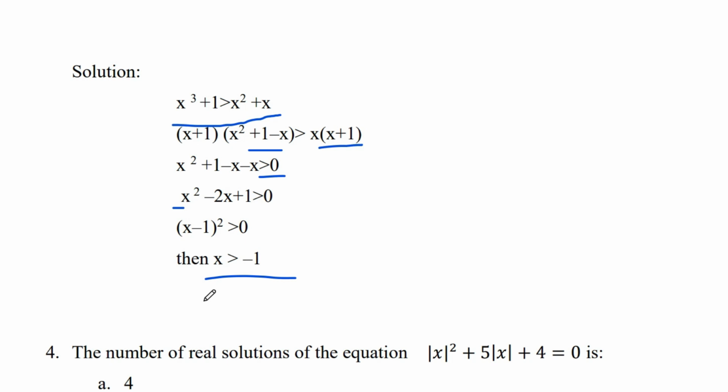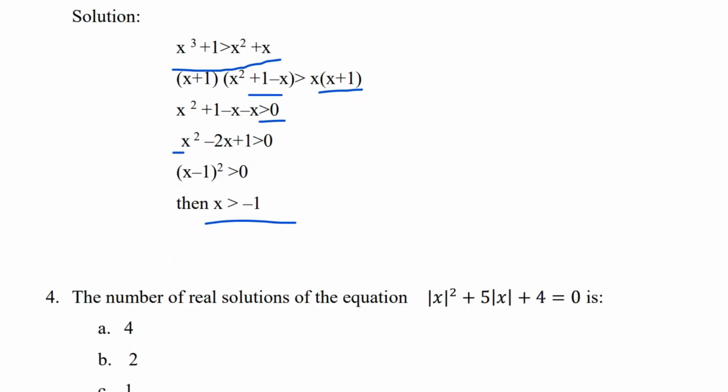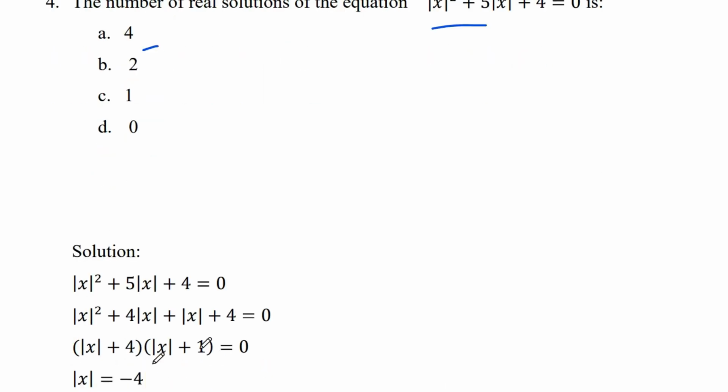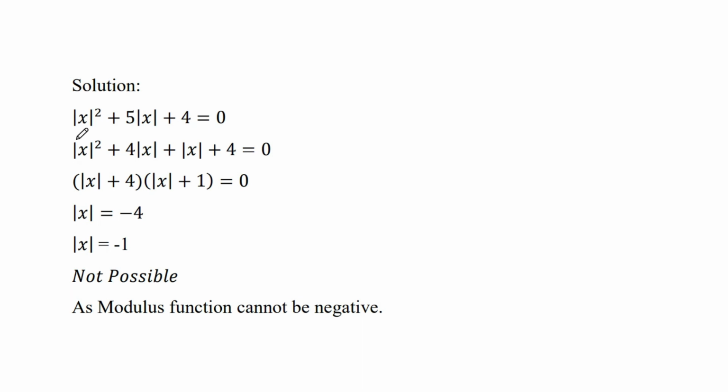Next question is, the number of real solutions of the equation x square minus mod of x plus 5 mod x plus 4 equals 0 are 4, 2, 1 or 0. Let's try to solve this question. We are given x mod of x square plus 5x plus 4 equals 0.